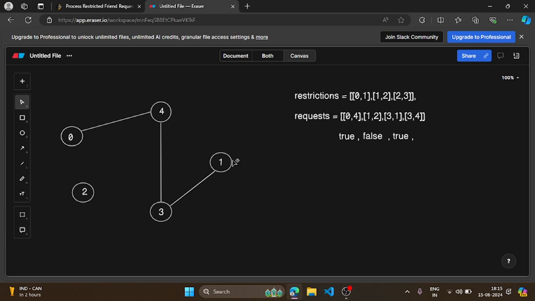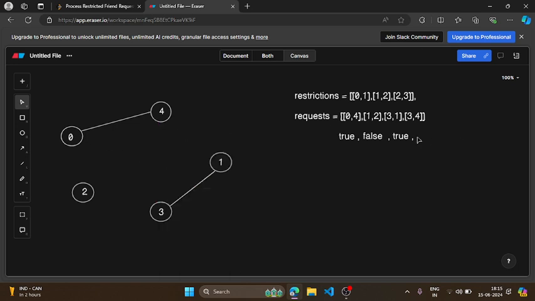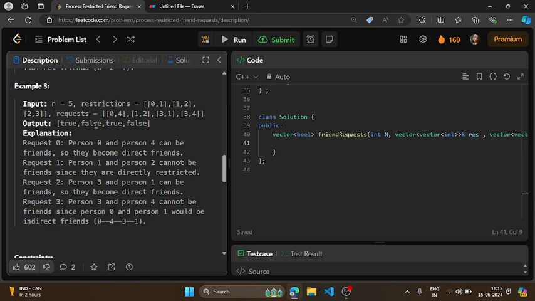Because indirectly we can reach from 0 to 1. So this particular request is violating our restrictions, right? So we cannot process this request, so we need to delete it, or you will simply return false here. So this should be our answer for the third example: true, false, true and false. Here also you can see this was the answer.